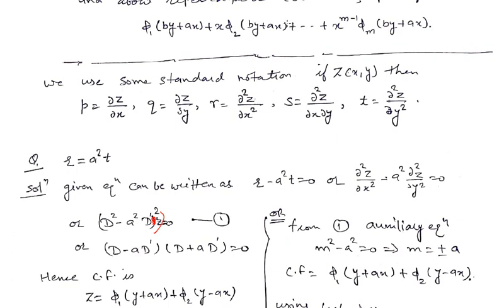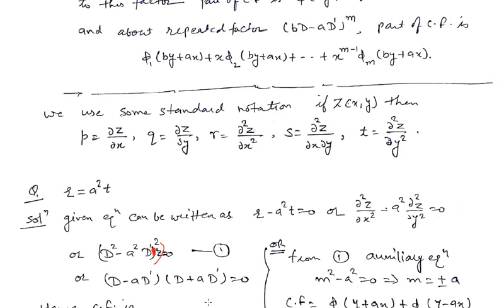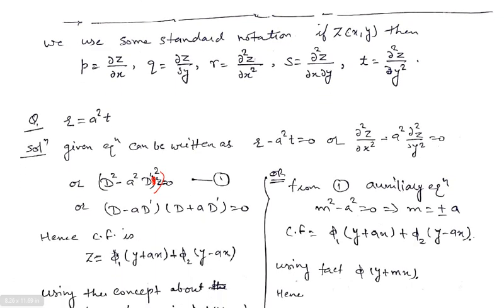So using the alternate approach, its CF should be in the form bD − aD′. So b is 1 and a is a, so it becomes y + ax, y − ax. So its CF is z = φ1(y + ax) + φ2(y − ax).